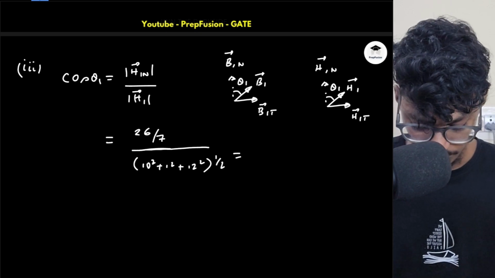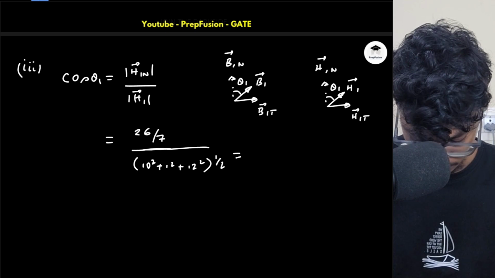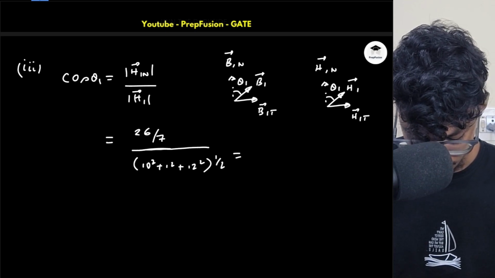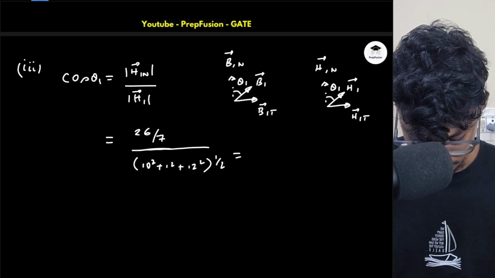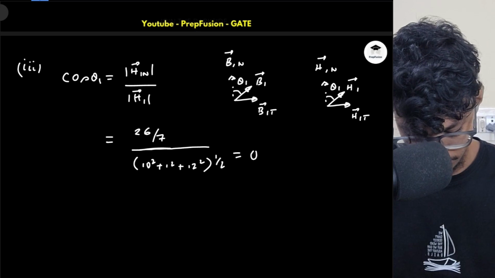So this will be equal to 26 divided by 7, into 1 over the square root of 10 squared plus 12 squared plus 1. This is 0.